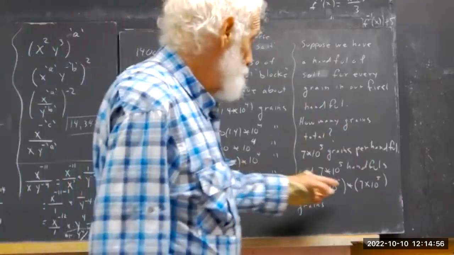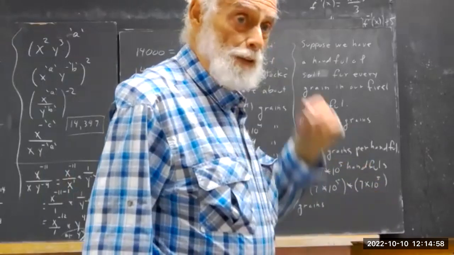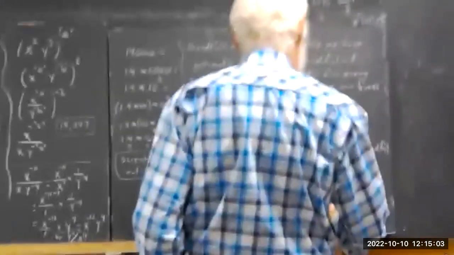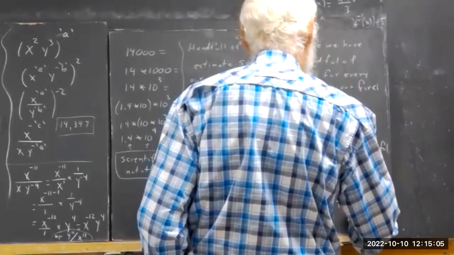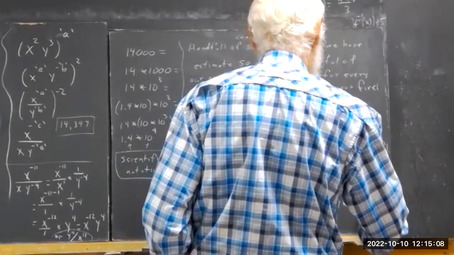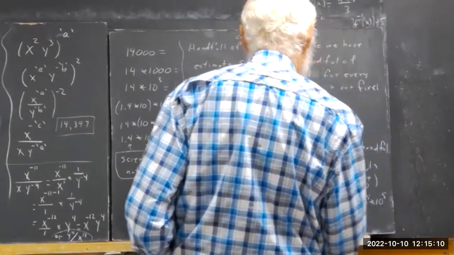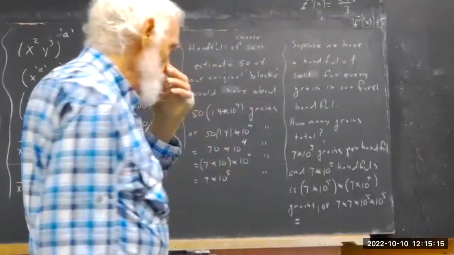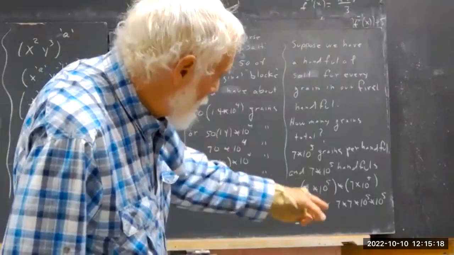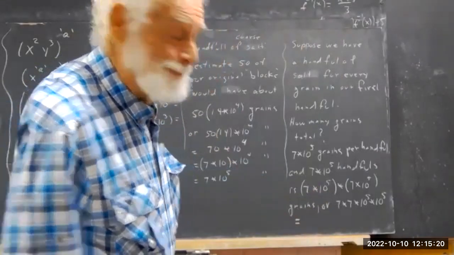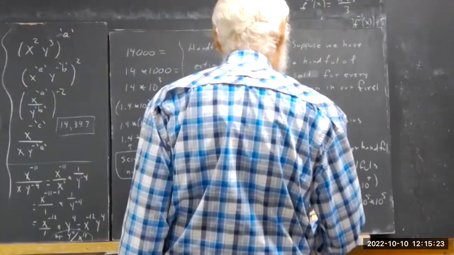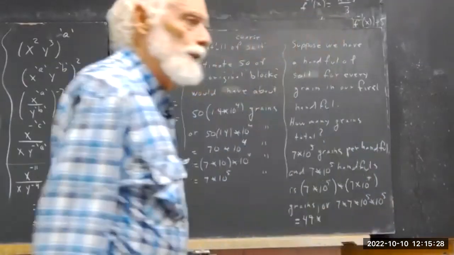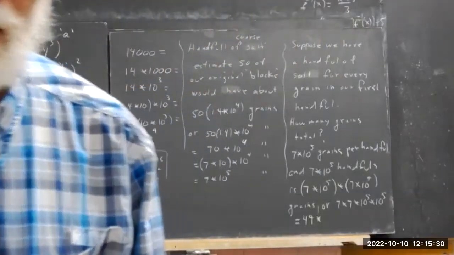Now, if you multiply 7 times 10 to the 5th by 7 times 10 to the 5th, that's your multiplication. 7 times 7 is 49. And what's 10 to the 5th times 10 to the 5th? 10 to what power?